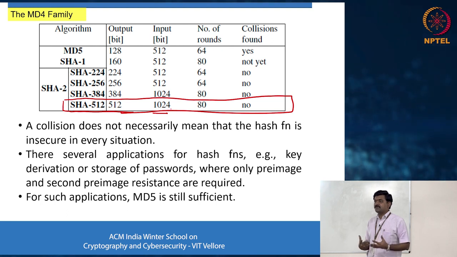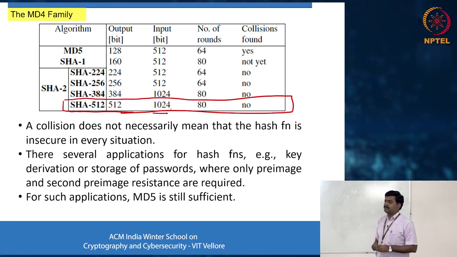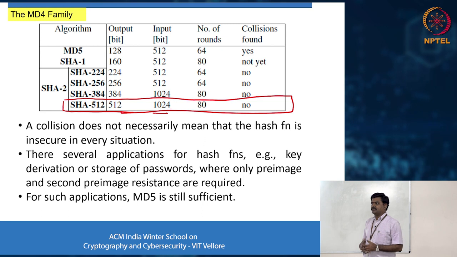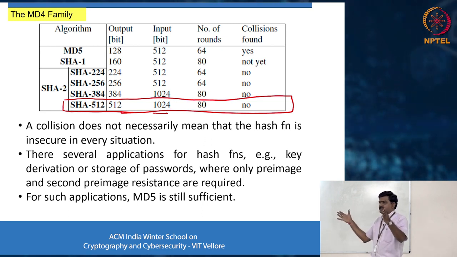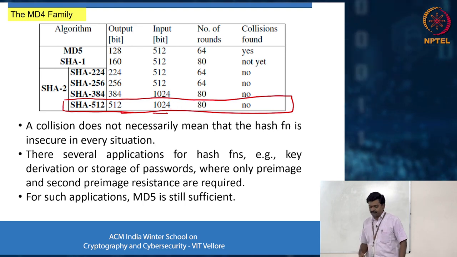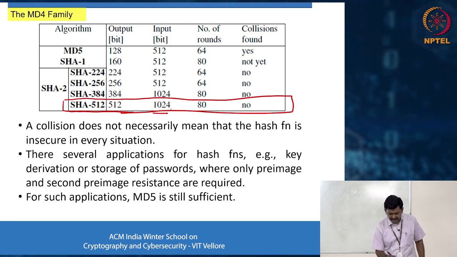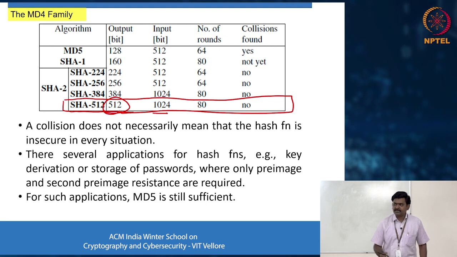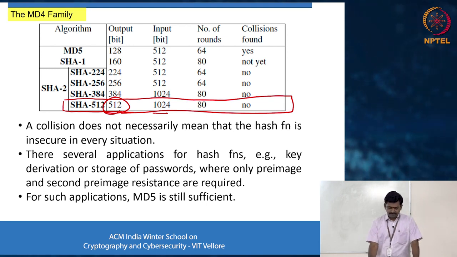Block size is 1024. So typically the SHA algorithm works like a block cipher, right? Take the plain text, divide it into multiple blocks, block size is 1024. What is the digest size? Digest size is 512 bits.